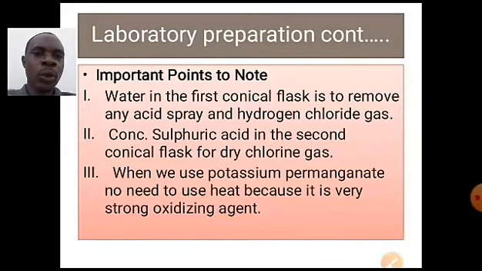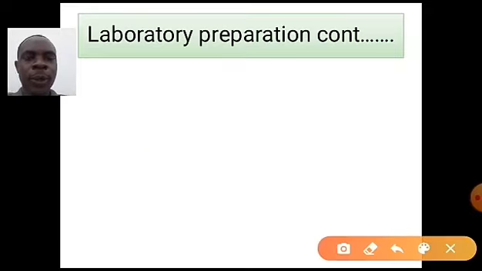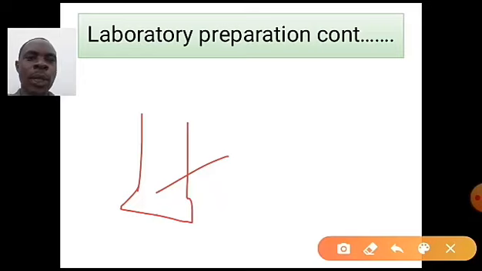The function of this conical flask which consists of water is to remove all traces of hydrogen chloride. Then the gas from the flask with water must be passed through concentrated sulfuric acid. So the gas produced is passed through water first, the conical flask which consists of water, H2O.